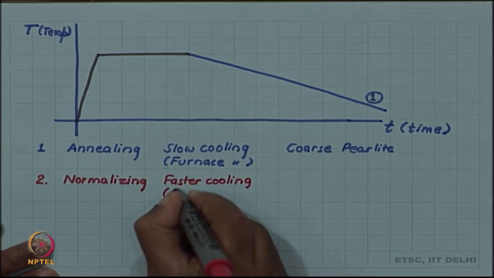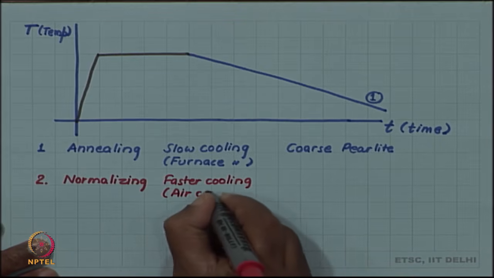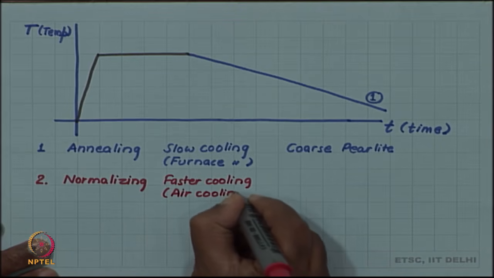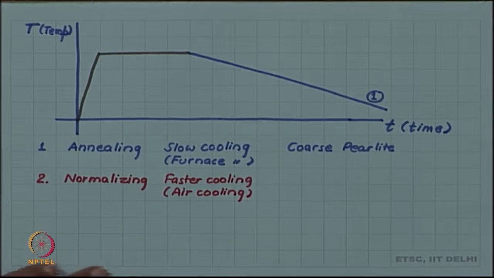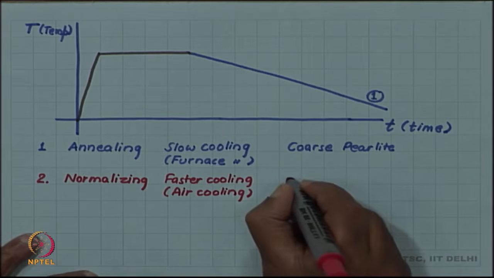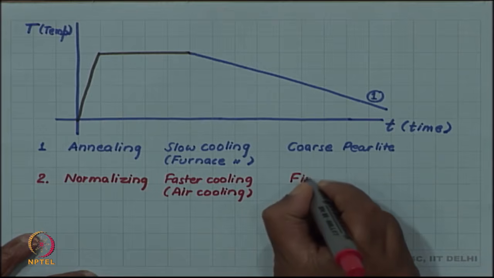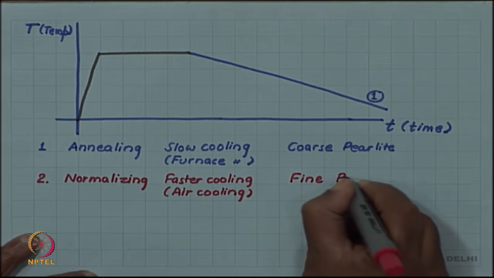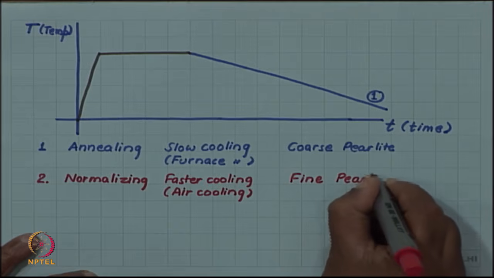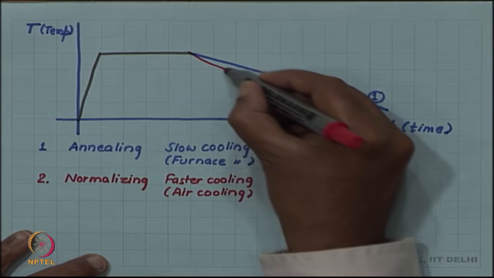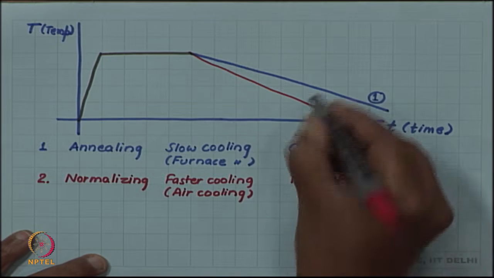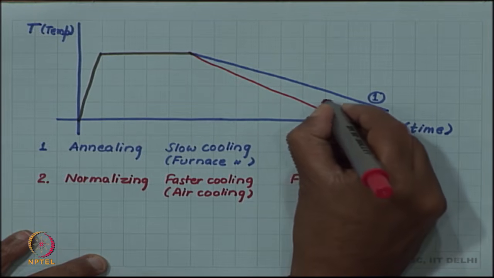Let us call this air cooling, which means we take the sample out of the furnace and leave it in the air. So, because of the air the cooling will be faster. This is what gives you fine pearlite. So, now the cooling rate is faster, so I show it with a curve with higher slope.